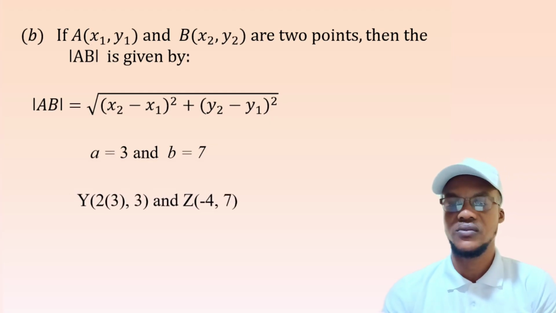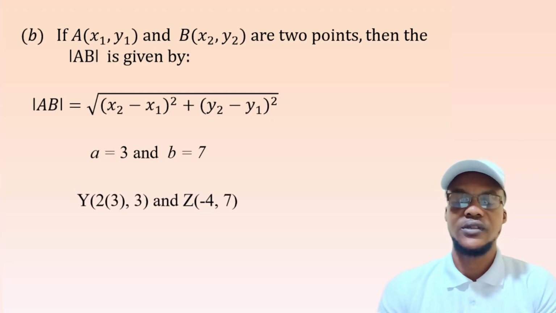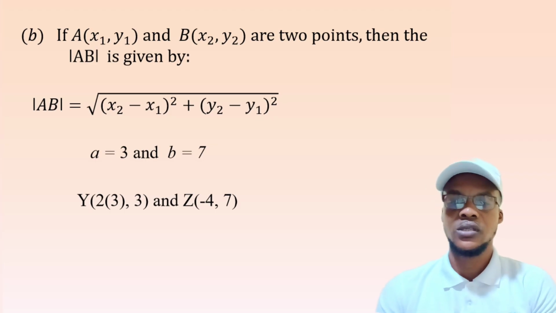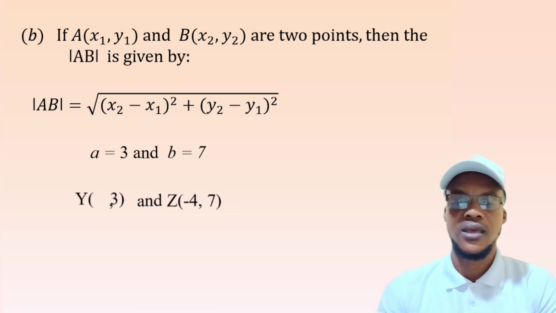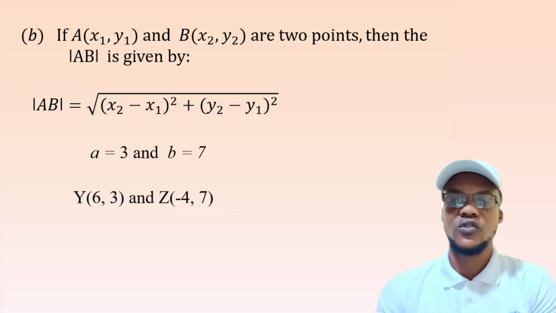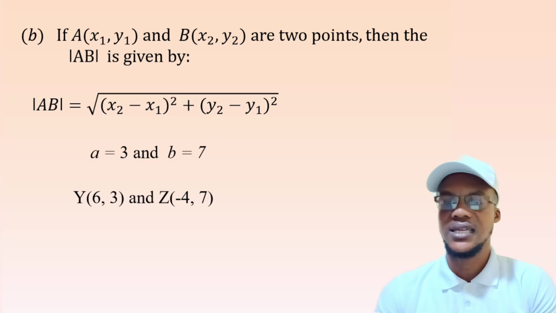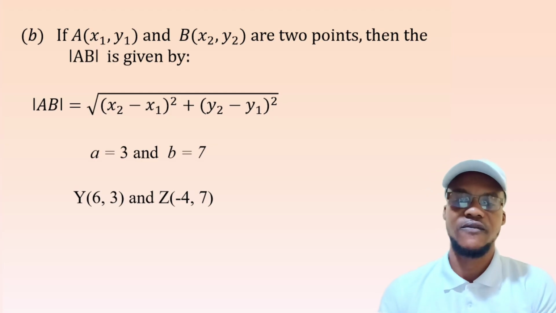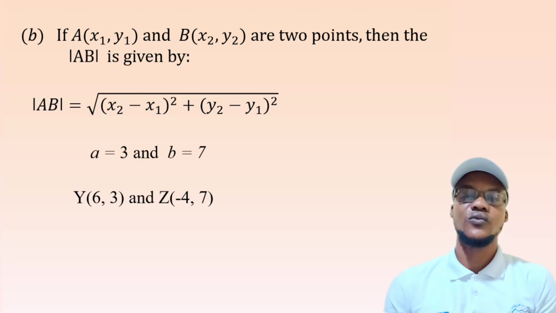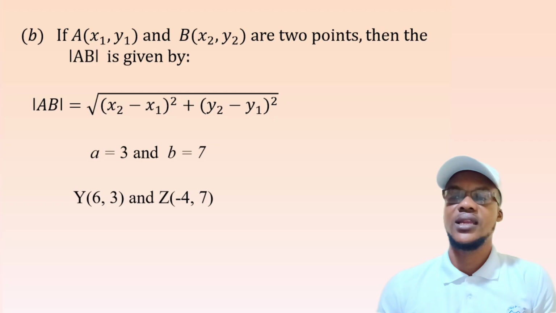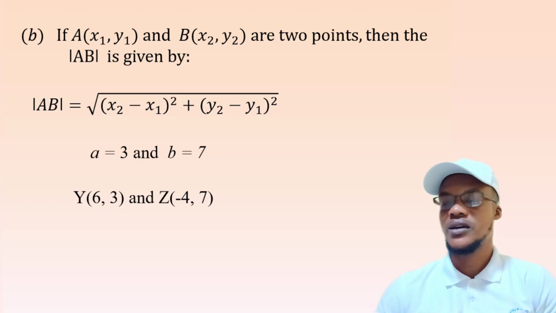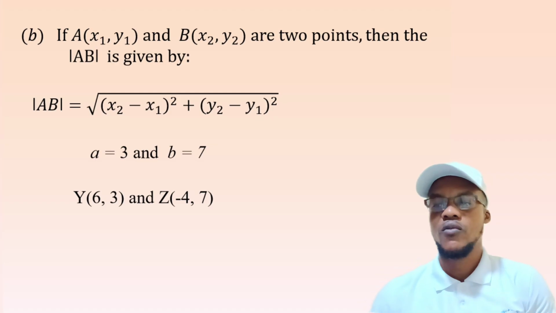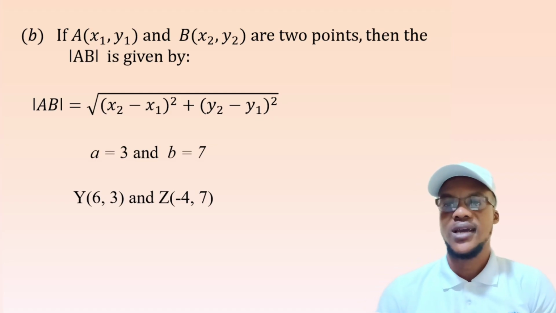Once we do that and substitute, we are going to get the coordinate for y to be 6 and 3, and the coordinate for z as negative 4 and 7. Once we have this, we can identify which one is our x1, y1, x2, and y2.